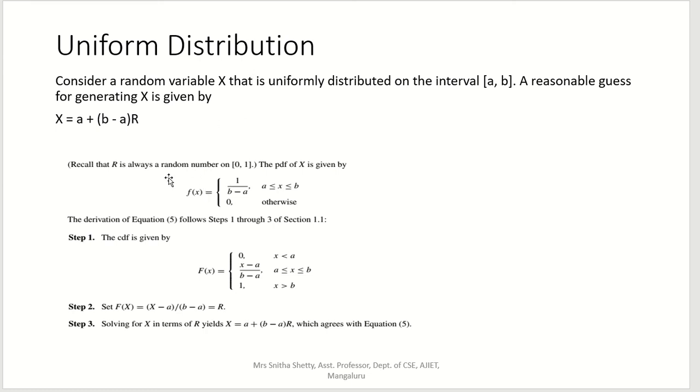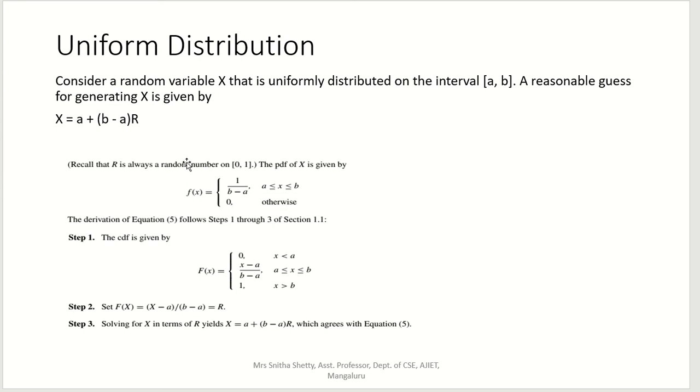Here they have given the PDF and CDF of the uniform distribution. What is PDF? It is the probability density function. The PDF of the uniform distribution is 1 divided by b minus a, where x is greater than or equal to a but less than or equal to b, and 0 otherwise.